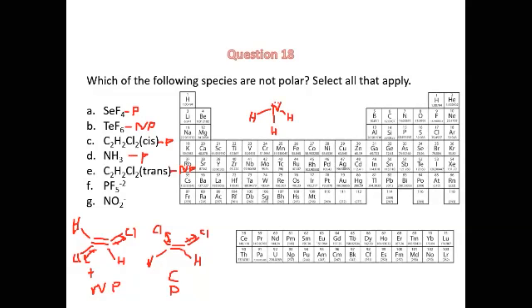Now with ions, ions technically cannot be nonpolar because they're going to have an overall charge. With the polyatomic ions, F and G cannot be nonpolar because there's an overall charge in the molecule. So only the trans isomer of dichloroethene and tellurium hexafluoride are nonpolar.